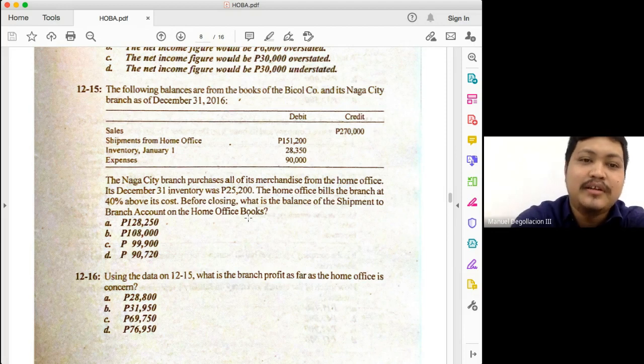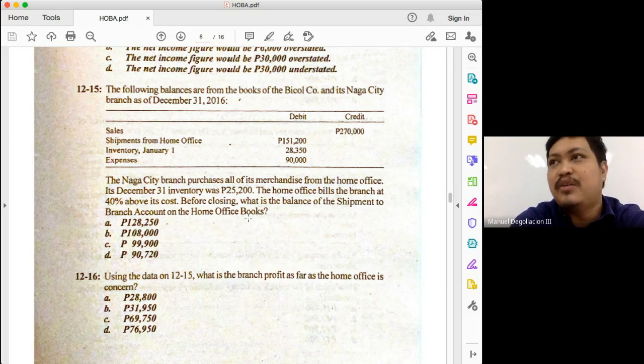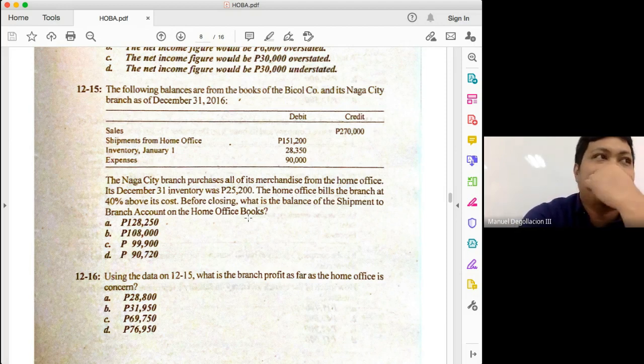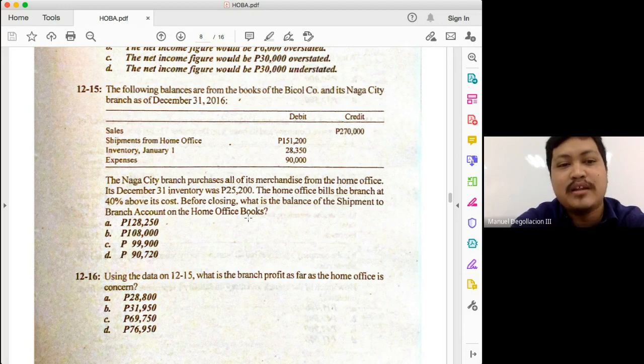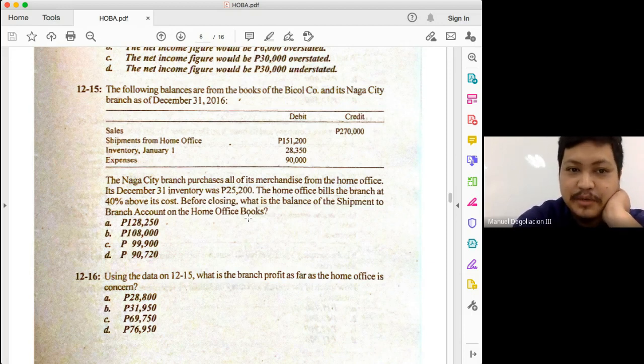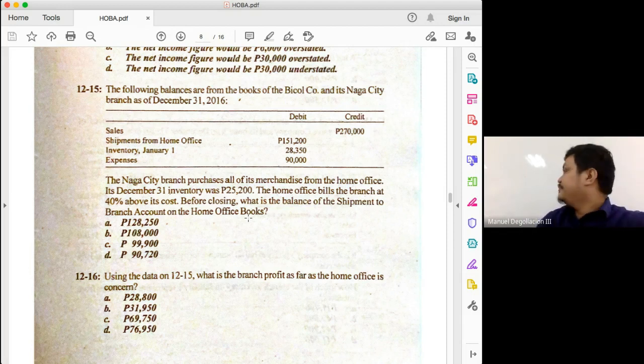That means we can solve for our cost of goods sold. Okay, so where do we begin in computing for our cost of goods sold, class? Start with beginning inventory. Do not forget your beginning inventory. Beginning inventory is 28,350. Then add what? Shipments from home office in the amount of 151,200.